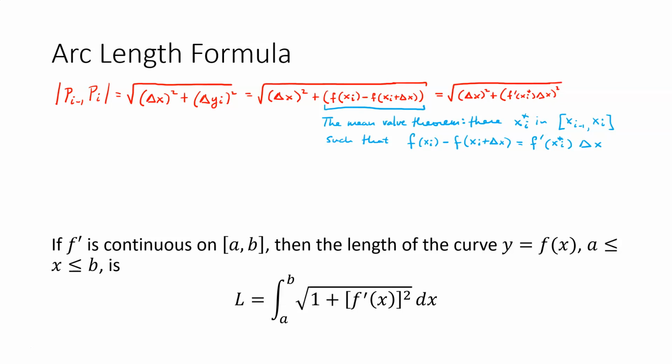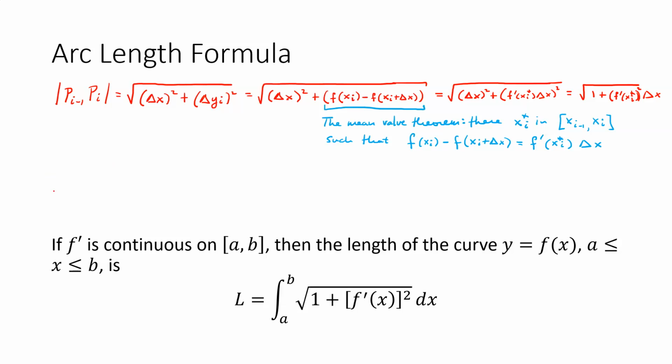And then here, if I factor out the delta x from these two terms, we have the square root of 1 plus f prime of x_i star squared, and then the delta x on the outside of the square root is no longer squared because we are taking it out of the square root.